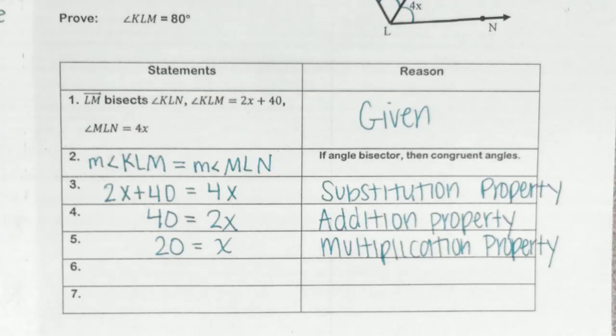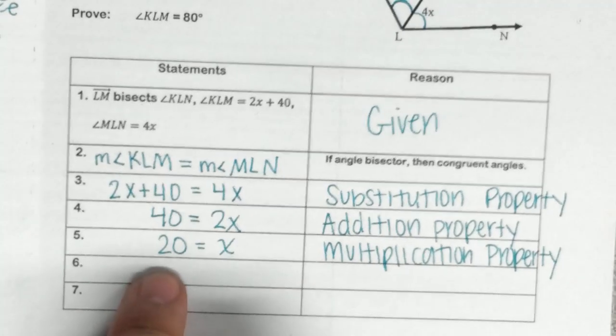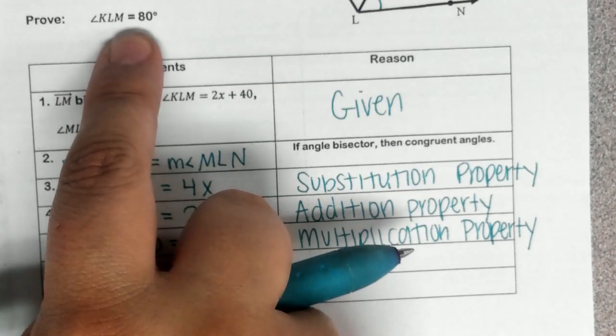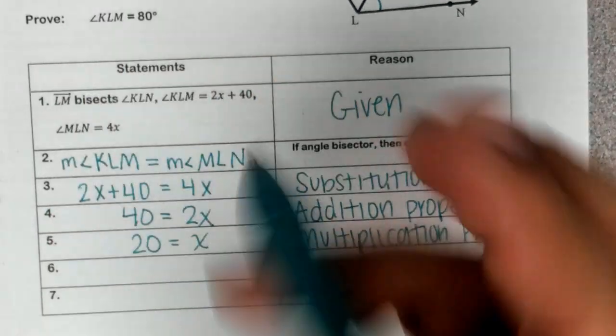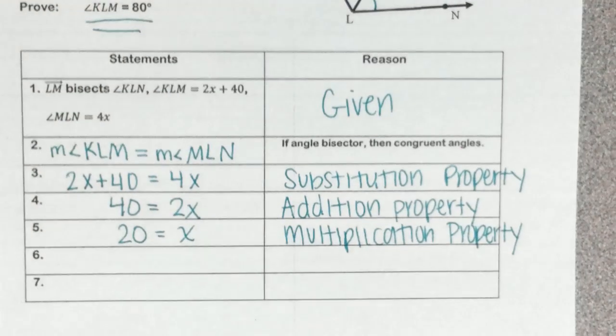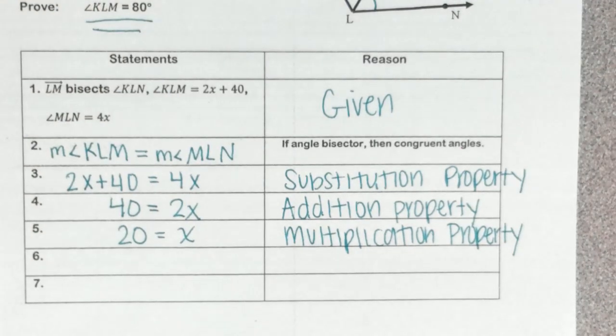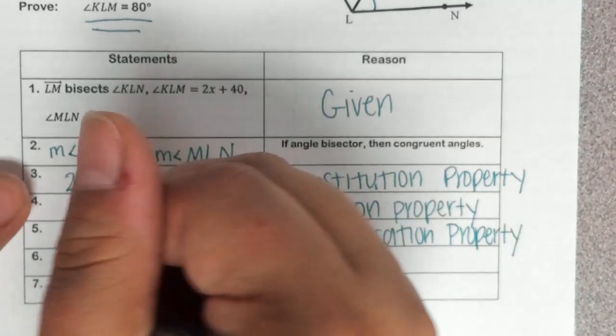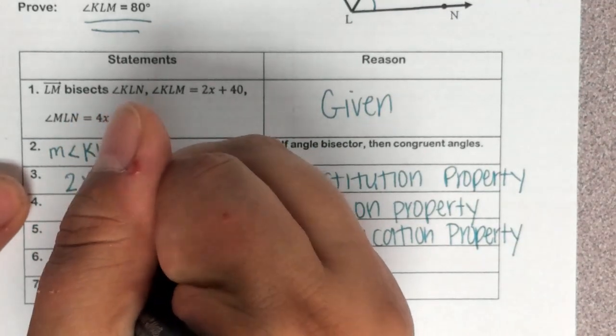Do I get to put a little box? Why not? If this said x equals 20, you would be done. But this does not. What does it need me to prove? KLM equals 80. Well, how do I do that? Plugging in. I have to plug in for KLM.